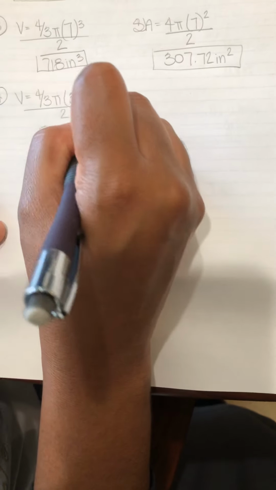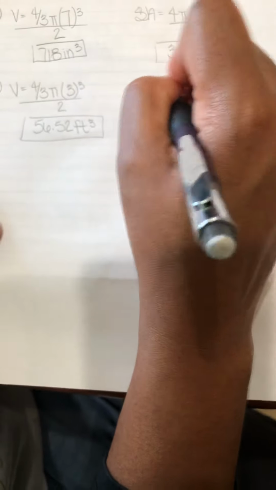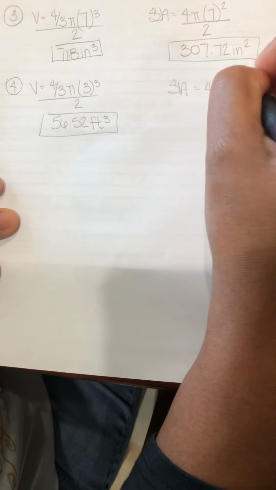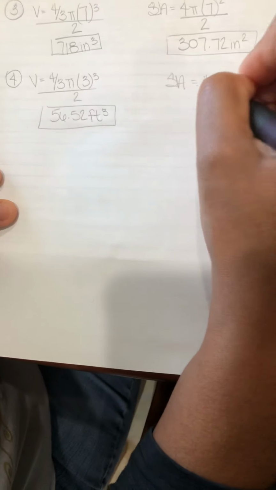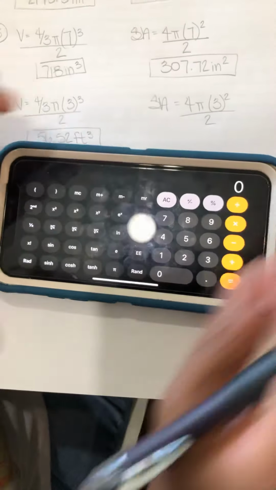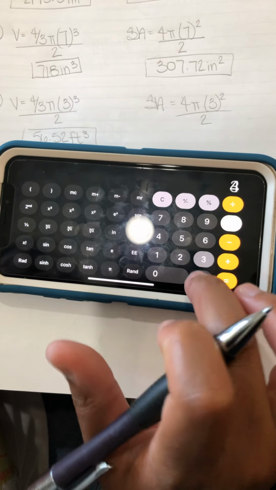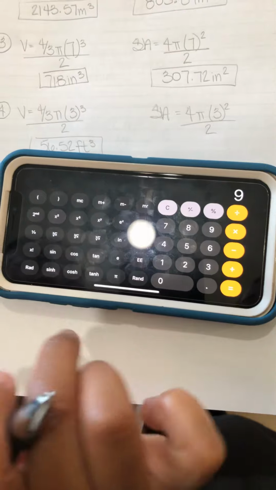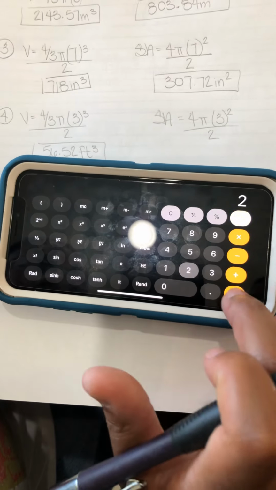And this was feet cubed. For surface area, I'm going to do 4 pi 3 squared over 2. So that's going to be 4 times 3.14 times 3 squared divided by 2, which gives me the same exact answer.